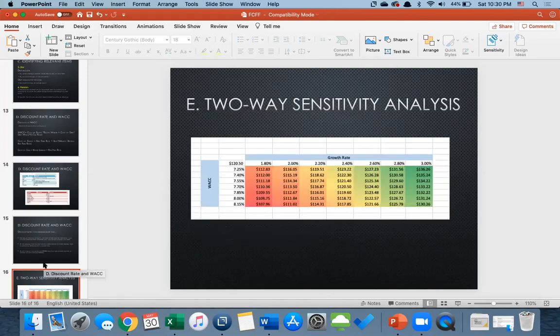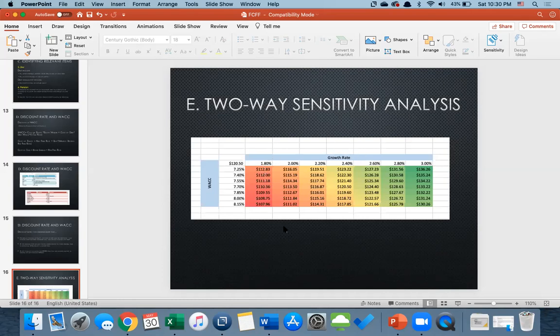Finally, I want to talk about the two-way sensitivity analysis. The reason we do two-way sensitivity analysis is that both the growth rate and the WACC have a very high impact on the value of the target price.